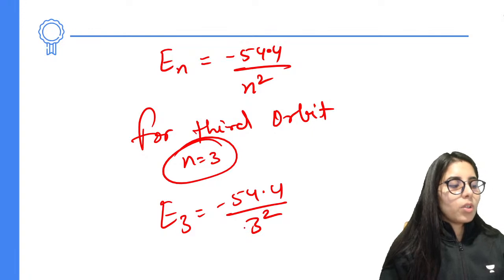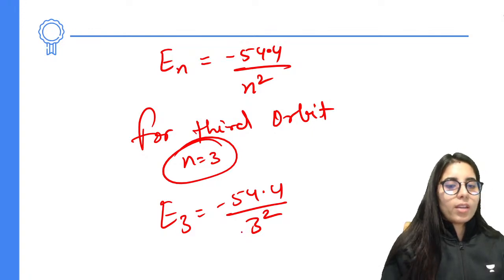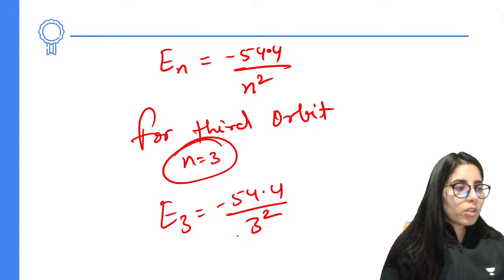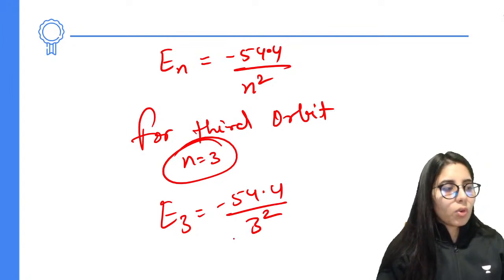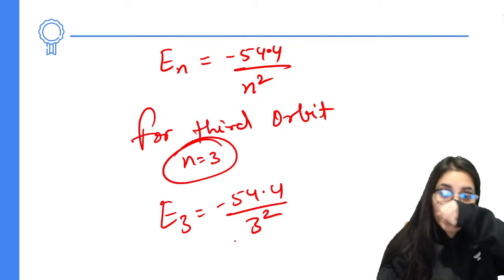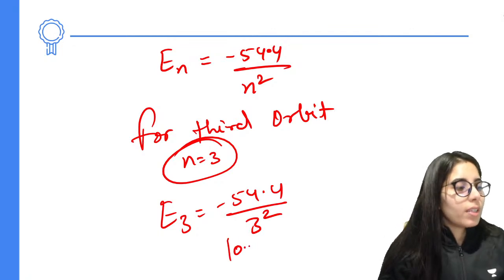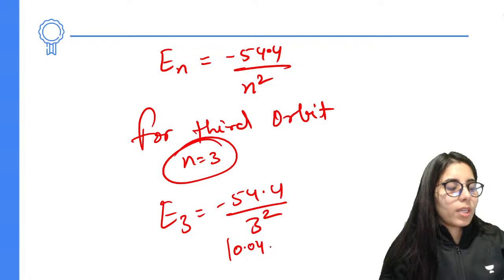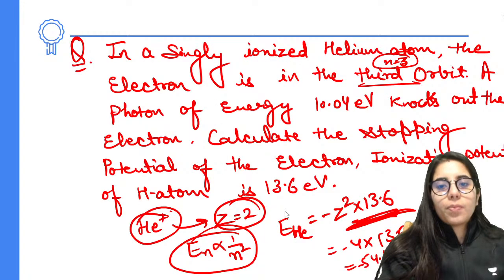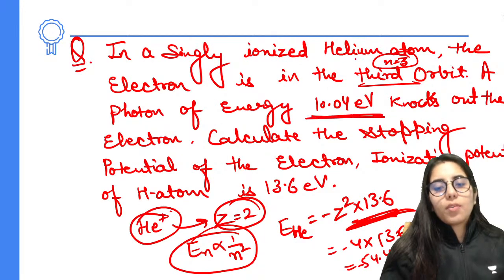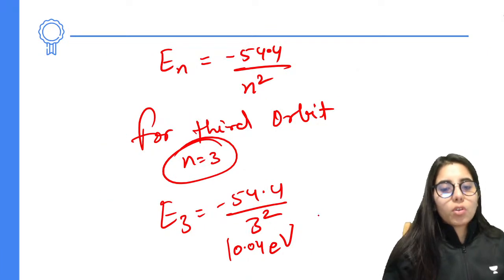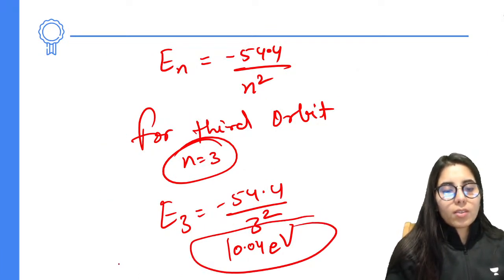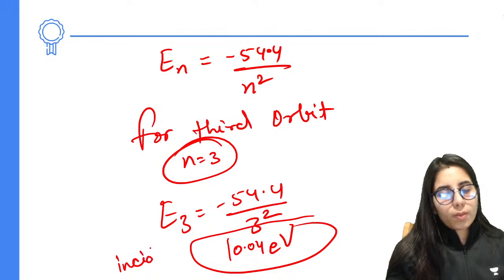Now this is how you will be able to simplify it and reach the final answer. For the incident photon, the energy given is 10.04 electron volt. It's not E3, it's the incident photon energy.